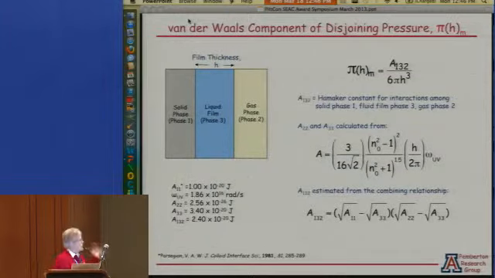So these now are well understood. The van der Waals contribution to the disjoining pressure is related to the Hamaker constant for the three-phase system. The individual Hamaker constants for each phase are calculated from their particular characteristics, and then with a combining relationship, you can get the overall three-phase system Hamaker constant to calculate the disjoining pressure for a given thickness, which we did.